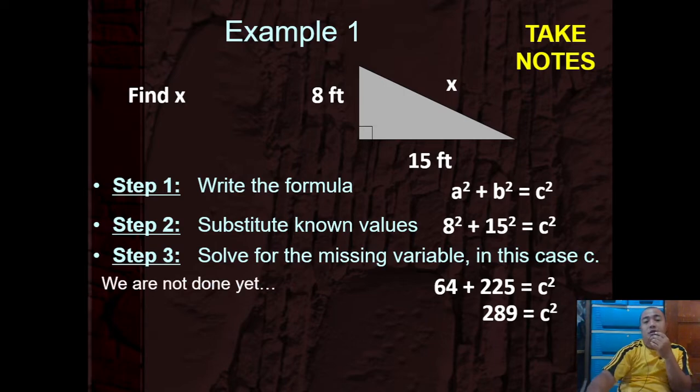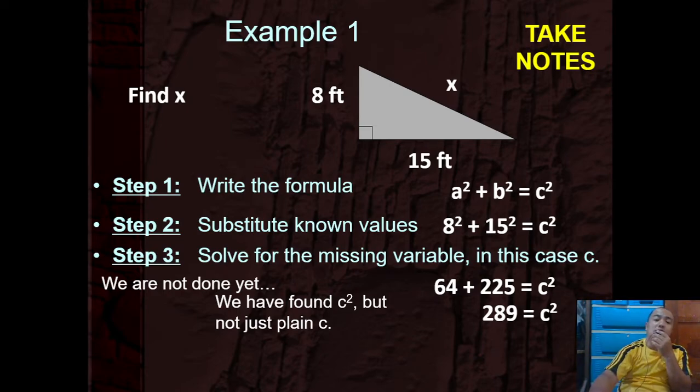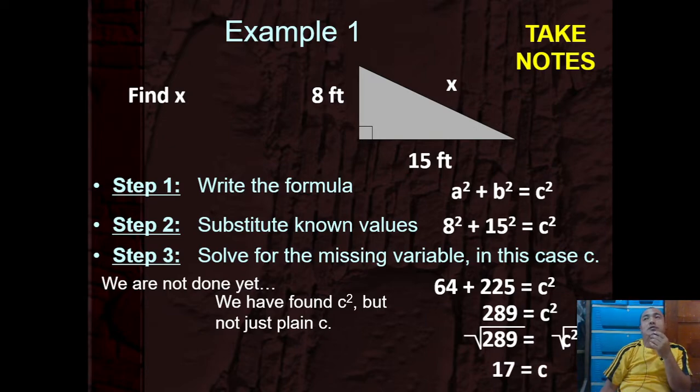We are not done yet. We found C squared but not just plain C. So we need to get the square root of both sides. The square root of 289 equals the square root of C squared. Therefore, C is equal to 17, because 17 times 17 is 289.